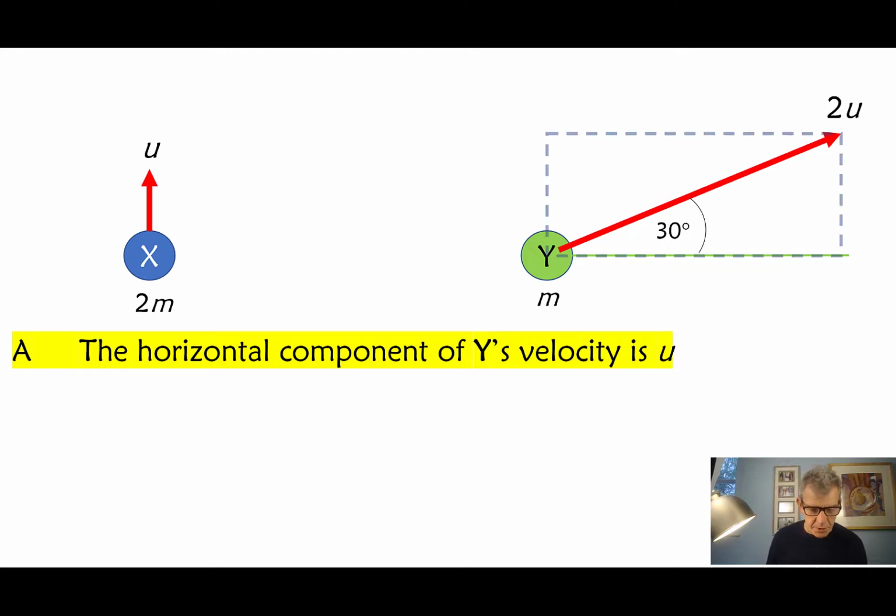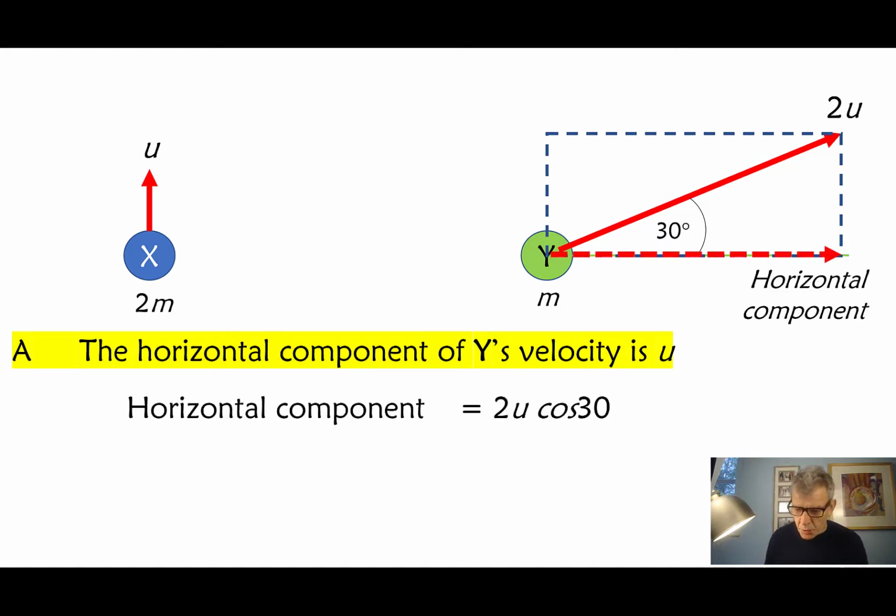Should be fairly straightforward. As always, we draw a rectangle around our vector. We're interested in the horizontal, so the horizontal line of the rectangle is our horizontal component. Because the horizontal component is adjacent to the angle of 30, we use cosine.